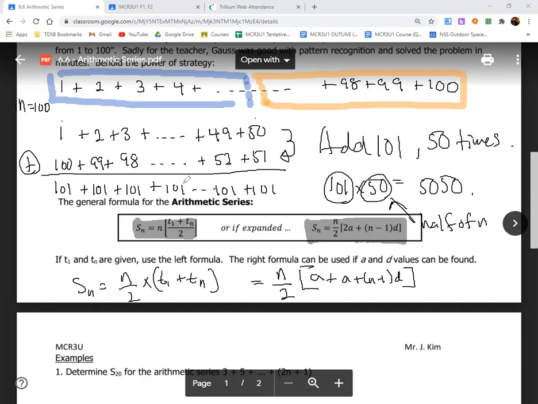Quick disclaimer, I'm not going to ask you to memorize this formula. You will always have it with you, whether it's in the formula sheet or just available in your notes. But you do have to work on reading a question and recognizing what type of question it is. Is it a sequence? Is it a geometric sequence? Is it an arithmetic series?